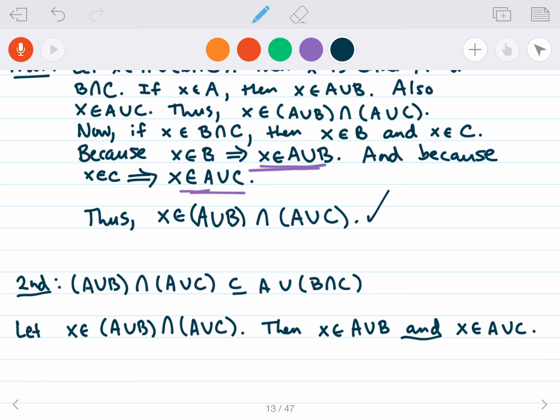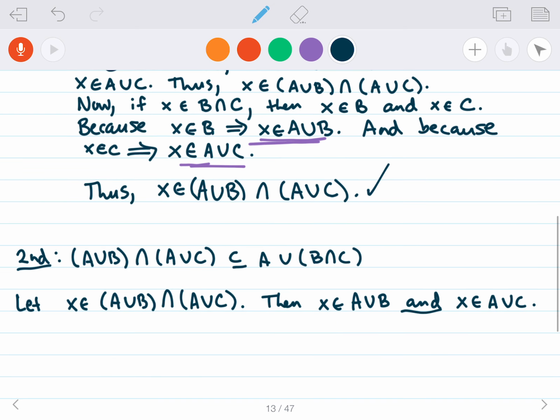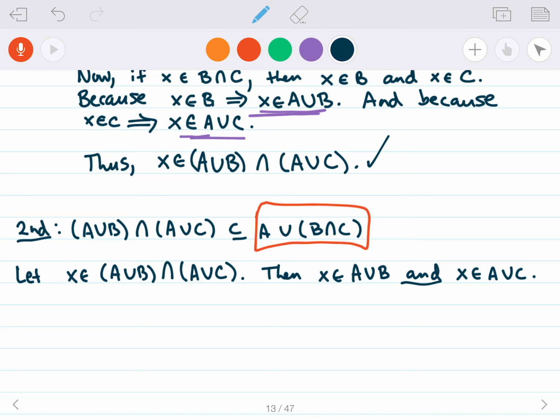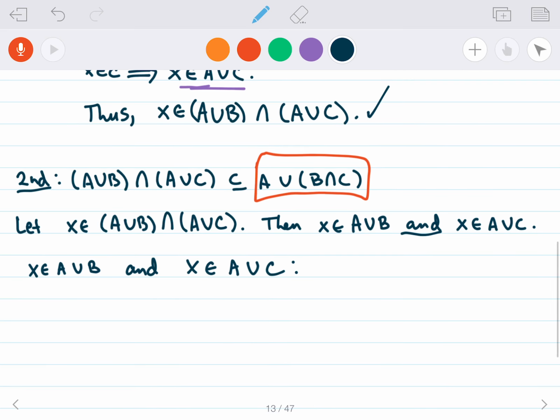Okay, and we want to show that this implies this end goal, that X is actually in A union (B intersect C). All right, so maybe we should just write out the possibilities and show that any way you hack it, you end up here. Okay, so since X is in A union B and X is in A union C, we can have the following possibilities, right?